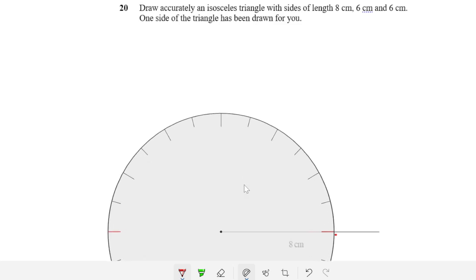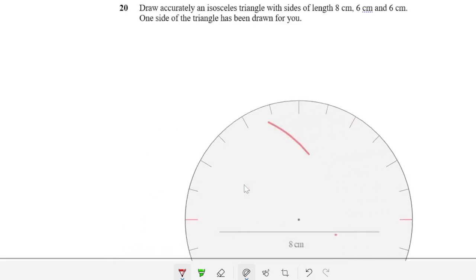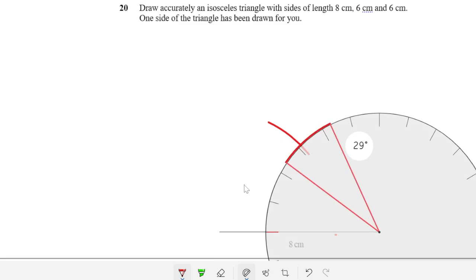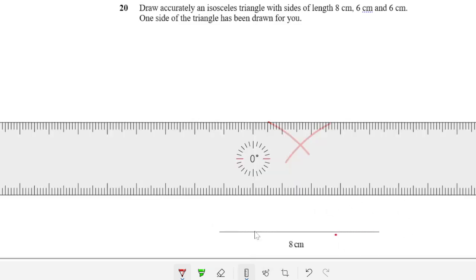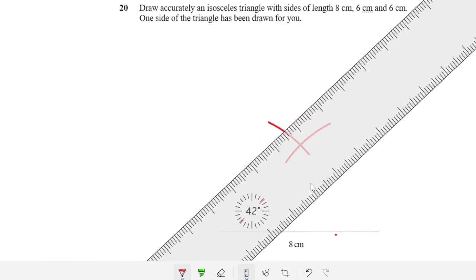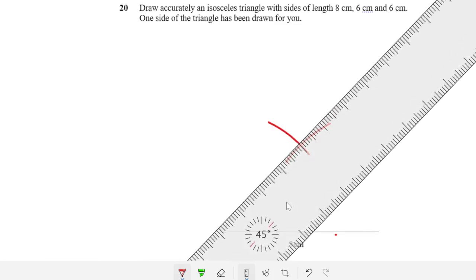When your compass arms are set to 6 centimeters, place the compass point on one end of the line and arc into the center. Then keeping your compass arms the same length apart, put your compass point on the other end and arc into the center. The point where your 2 lines cross becomes your top vertex, or top corner, of your triangle. Your final step is to just join those points up to the ends of the line.